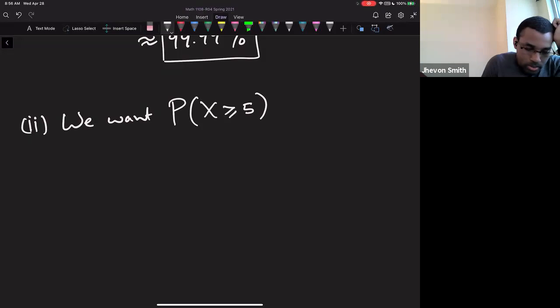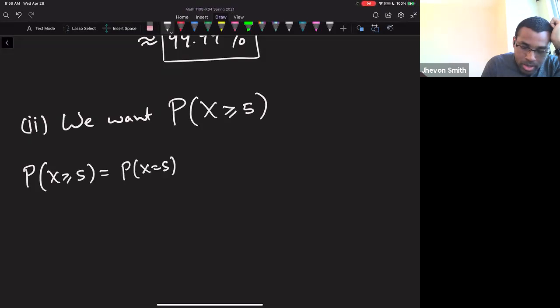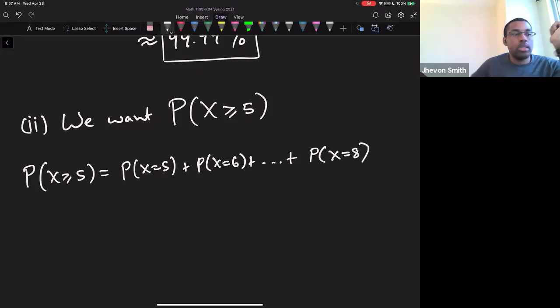Now, of course, probability of x greater than or equal to 5. This is probability that x equals 5 plus probability that x equals 6 plus probability that x equals 7 plus probability that x equals 8.